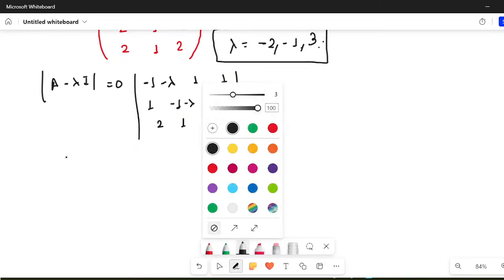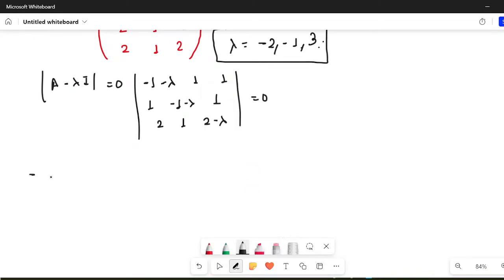I think I can solve this as, so I'll get 1 minus 1 minus lambda, which is, I think, minus of 1 plus lambda, and then you have... okay, so people are not attending this. Then inside, what do I have?